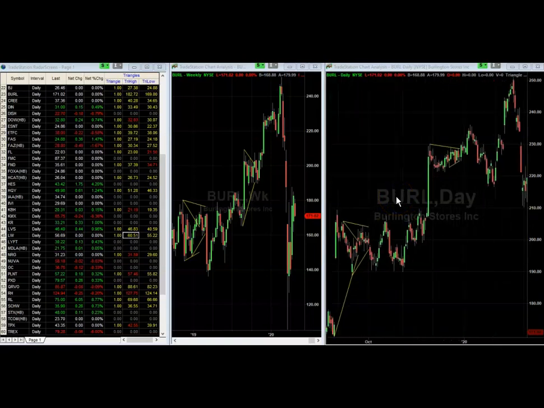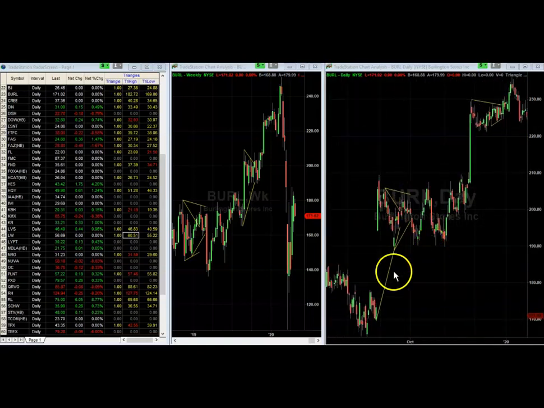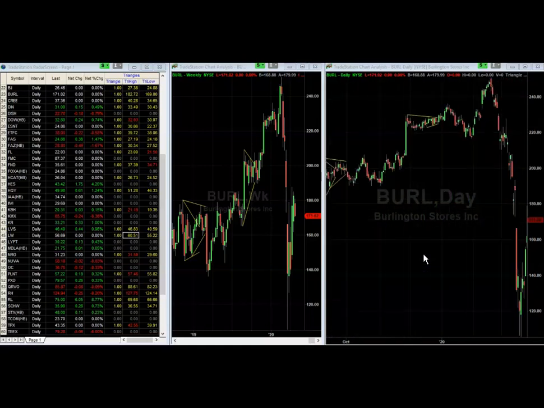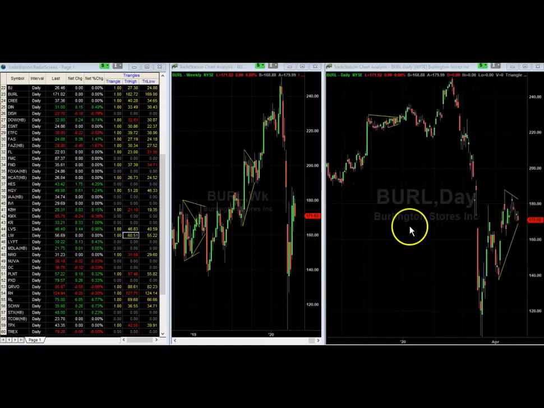There's some more that occurred in the past. It'll keep a history, and you can show as many of these prior triangles as you want. I think the default is set to 5 for the historical triangles on the chart.